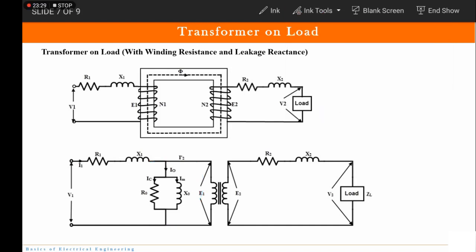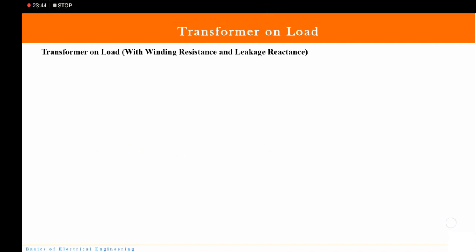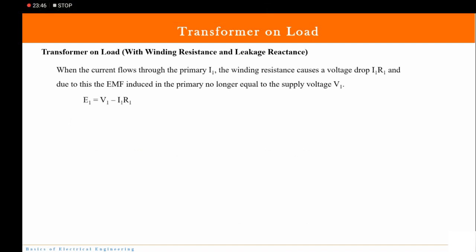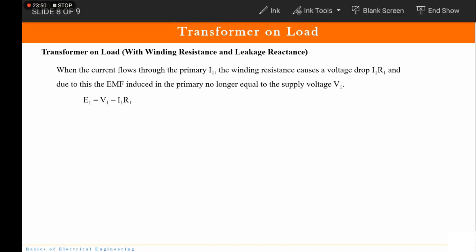Now here you have E1, right? So when we apply KVL here, what do we get? The same equation is written here. We are considering winding resistance, so V1 is equal to E1 plus I1 R1.